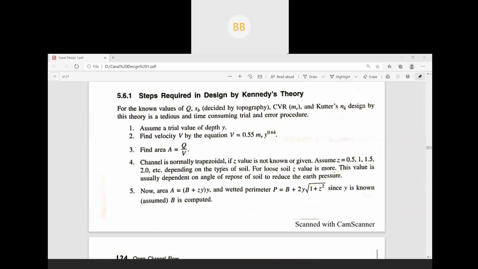That z value depends on what type of soil is present in that particular location. So for loose soil, the z value will be more. So for loose soil we will be considering a higher z value.